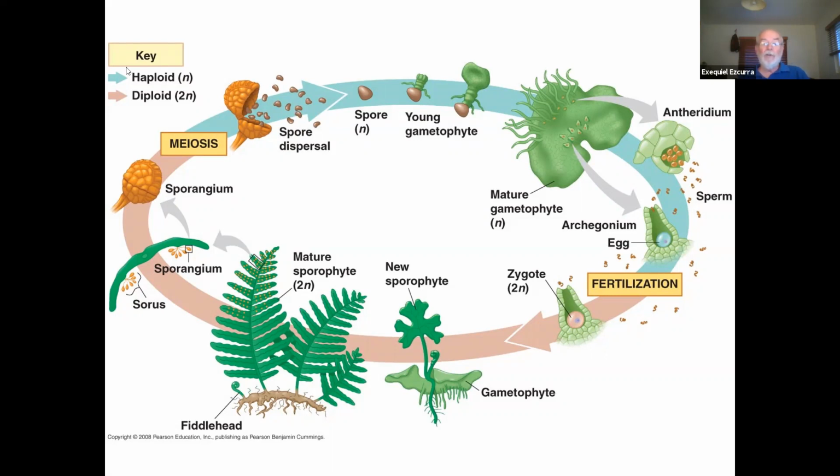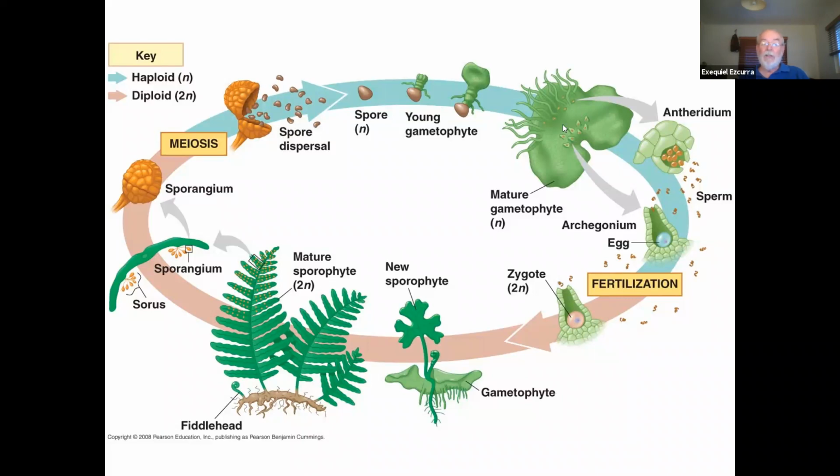The spore falls to the ground and germinates like a seed. It germinates into a little photosynthetic structure that looks a little bit like a moss or like a liverwort. It looks like a very primitive type of life form, even like the beginning growth of an algae.